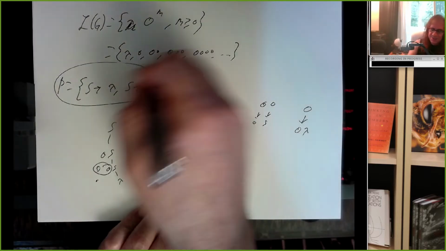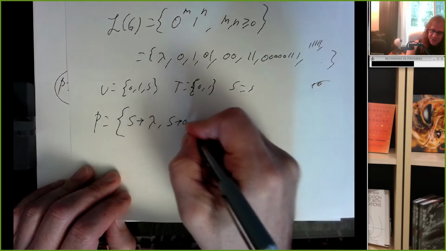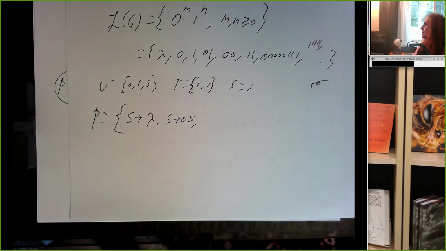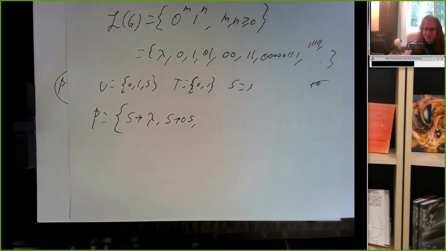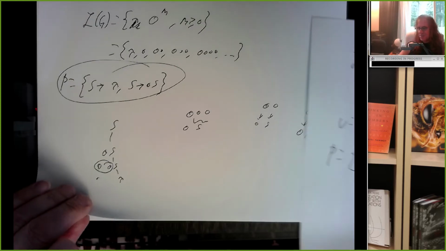So this is a good set of production rules to get a bunch of zeros. But then we need something else, because we also want to be able to get some ones. So let's do a different sub-problem.